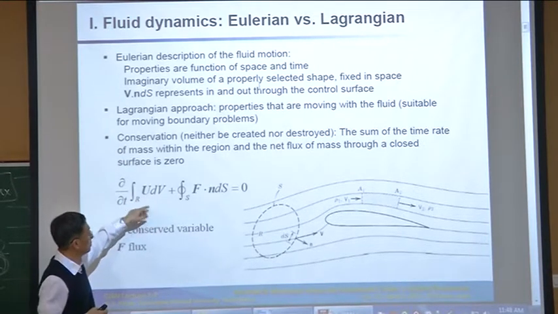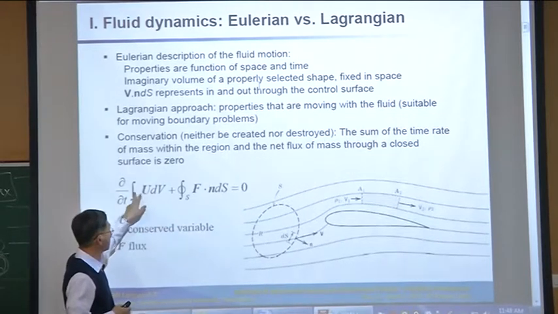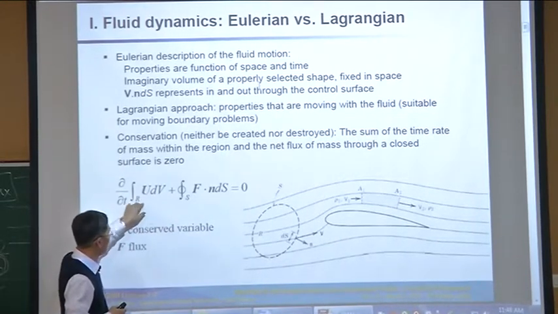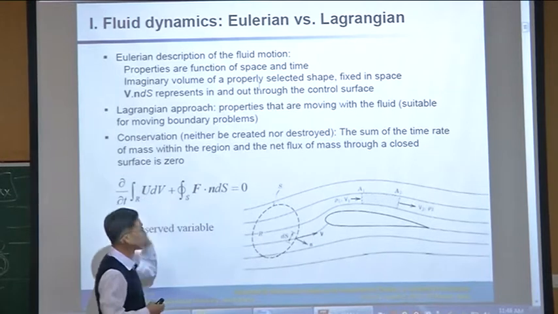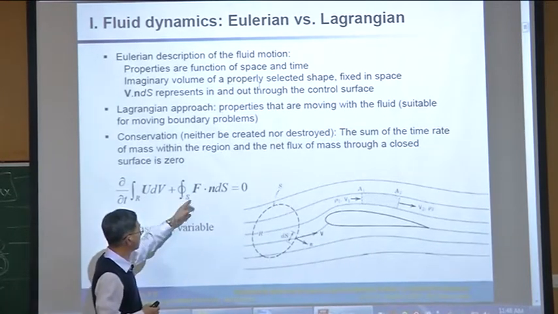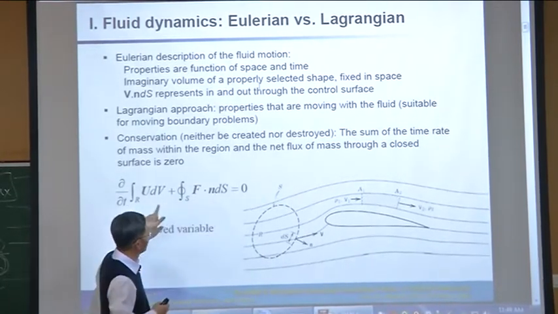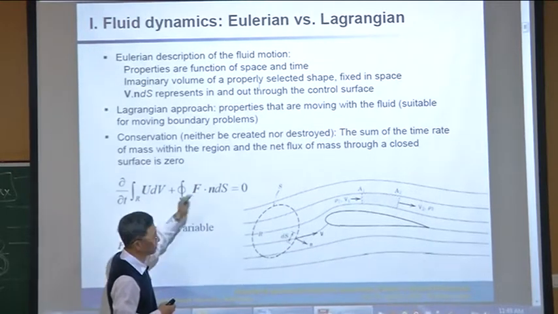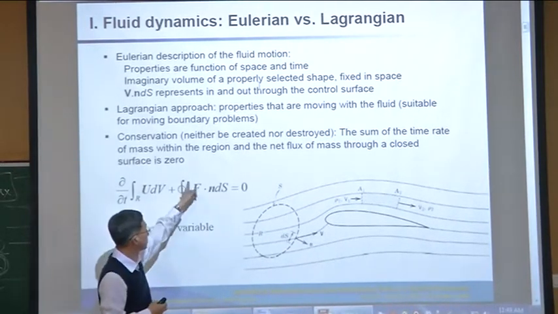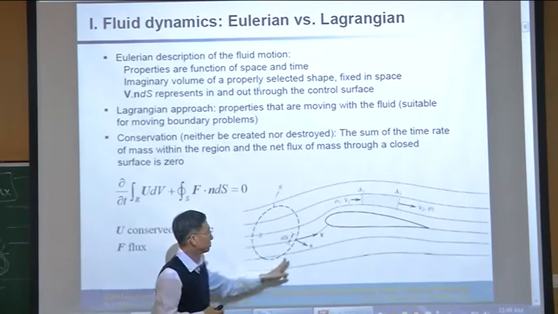So this is the conserved variable. The time change of the things conserved must balance the flux. In this case, the time derivative comes in, together with the flux across the surface.